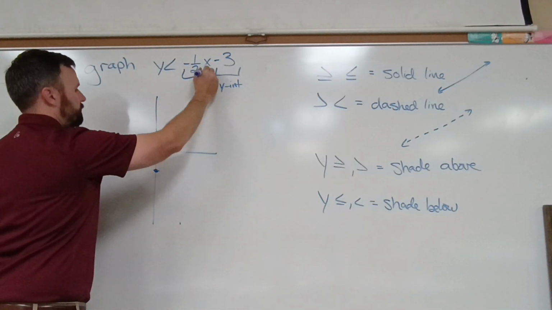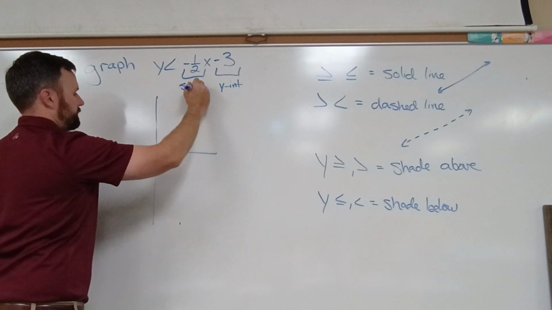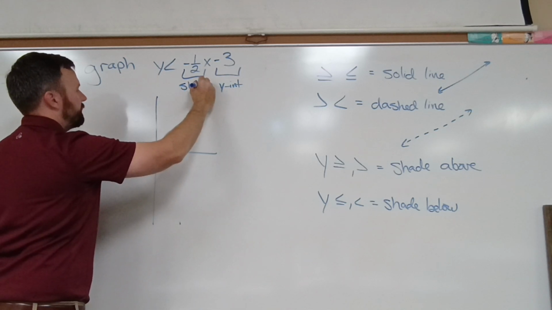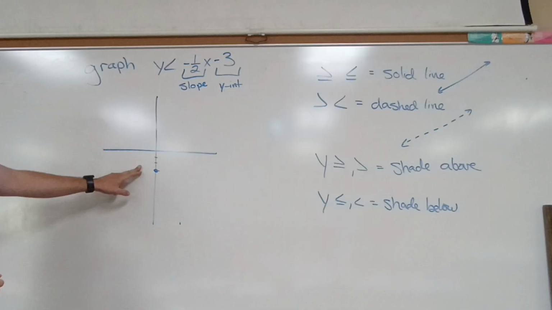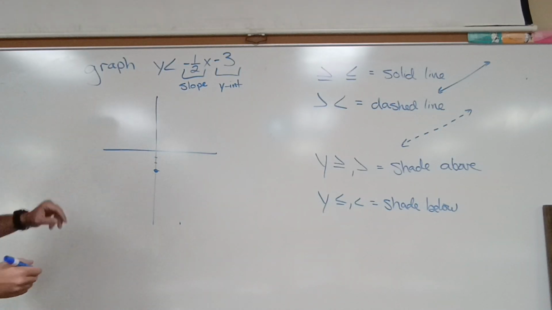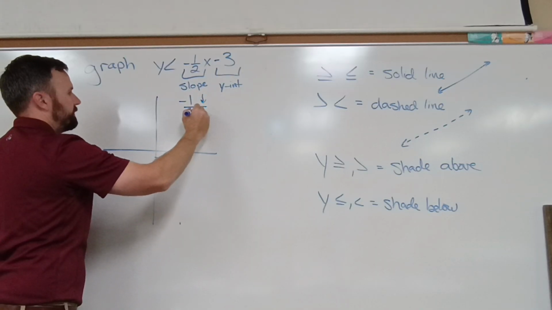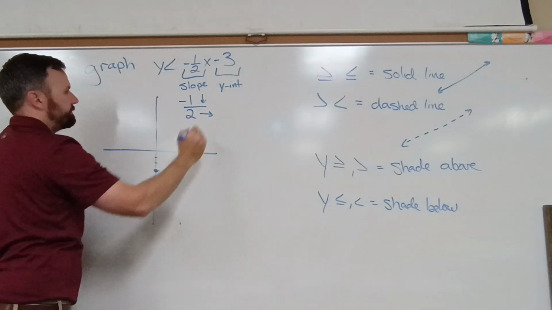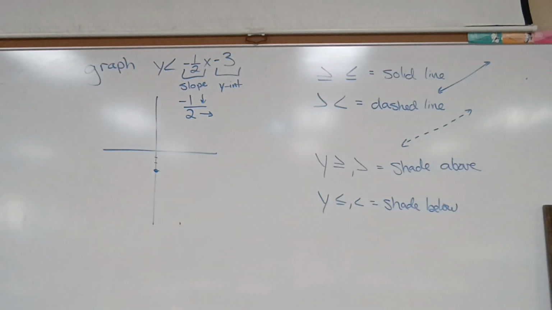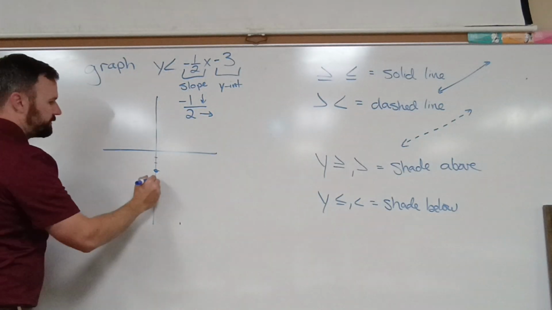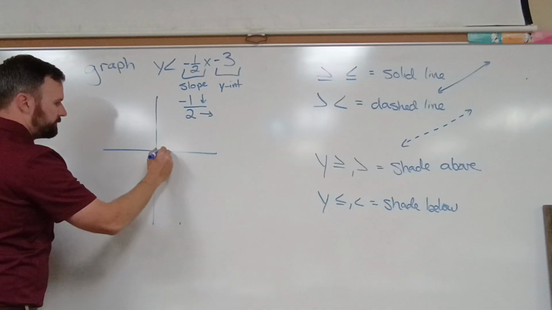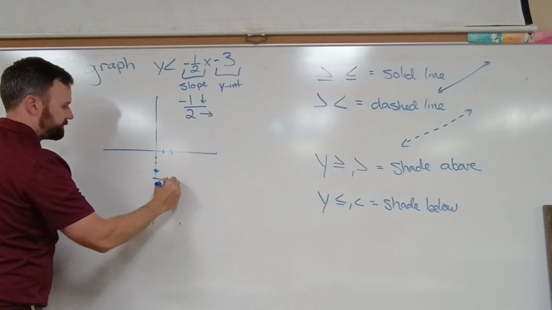Now for this one, my slope, oh, this one's not going to have 0, 0 on either. My slope is negative 1/2. So I'm going to go down 1 and over 2, right? That's my directions. So down 1, over 2.